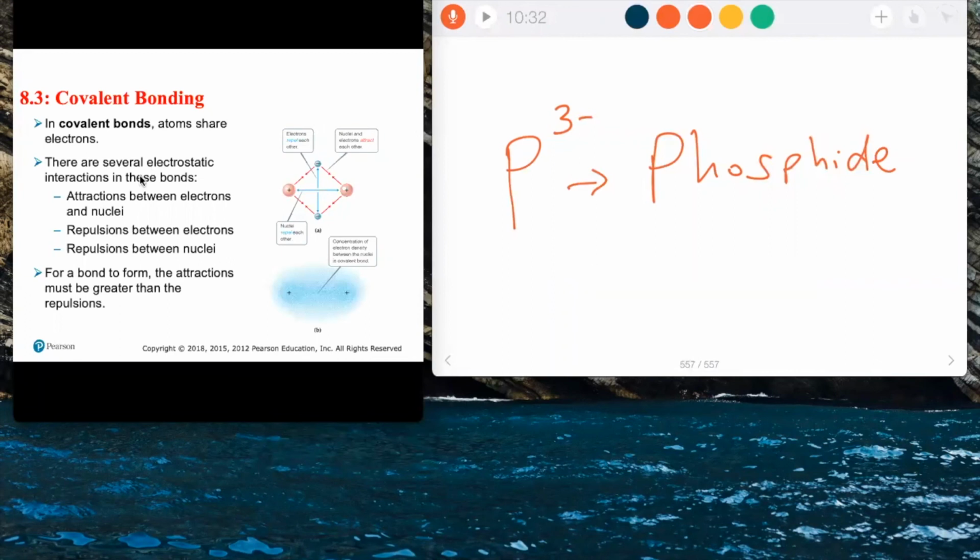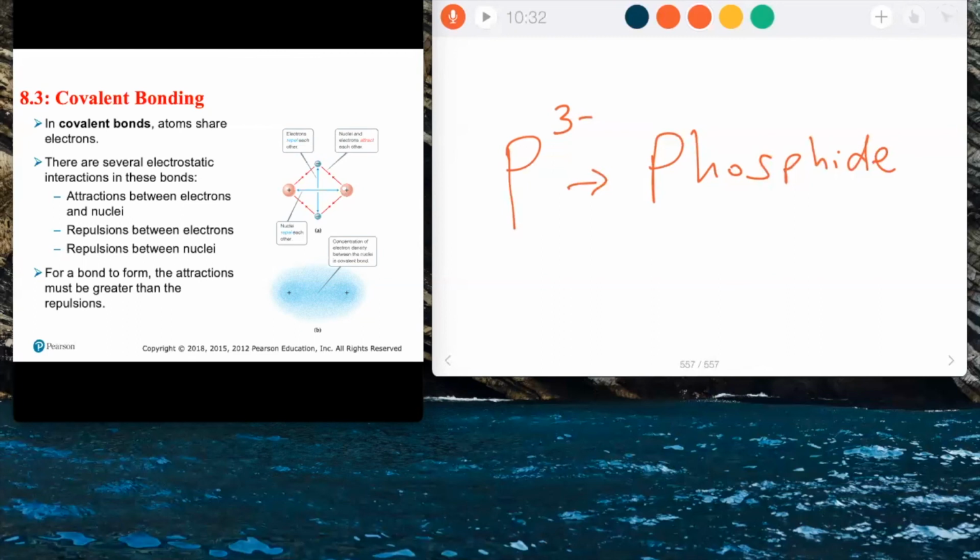We will start from 8.3, read on covalent bonding. Next time, read on drawing the Lewis structure, 8.4. Chapter 8 is pretty straightforward. If you mastered chapter 7, periodic trends, recall the periodic table, the groups or special names for those, and the valence electrons, it will be much easier for us to write the Lewis structure for molecules.